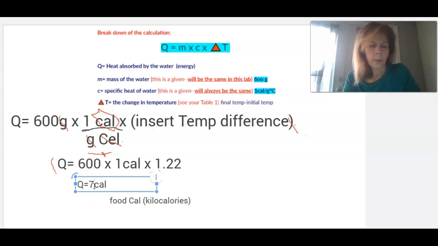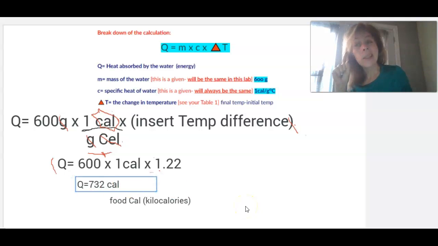Let me put that in. 732 calories. Now that's a little c calorie, and I talked about that in the intro in today's lesson. So this is how they calculate heat in physics. But we want to know the calories in food.